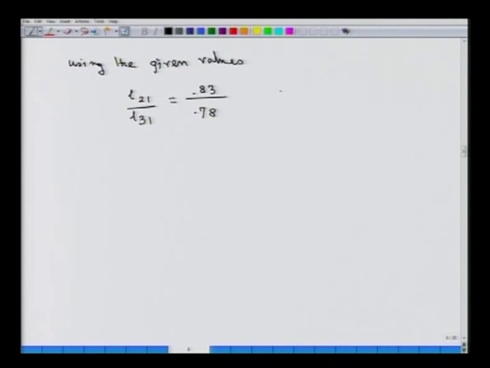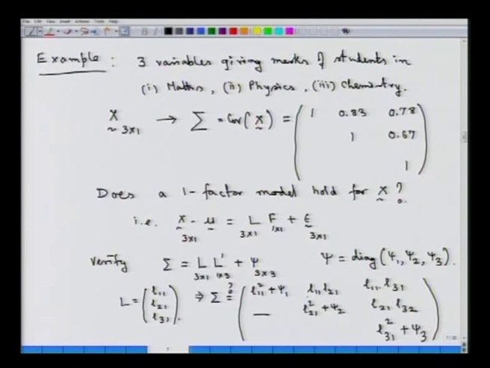What we had first used was L11 L21, equal to 0.83, divided by L11 L31, which is 0.78.